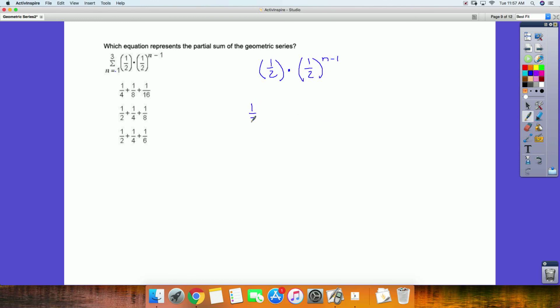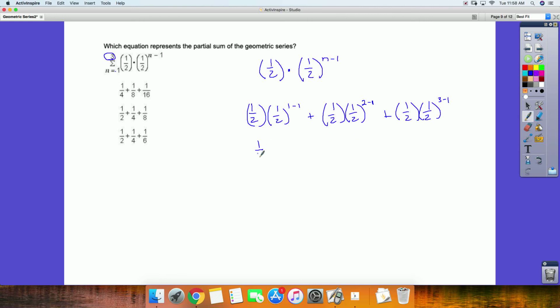So we have to do 1/2 times 1/2 to the 1 minus 1 plus 1/2 times 1/2 to the 2 minus 1, because that's our next term, plus 1/2 times 1/2 to the 3 minus 1, because 3 was our upper limit.